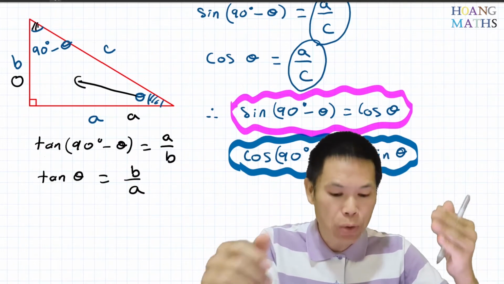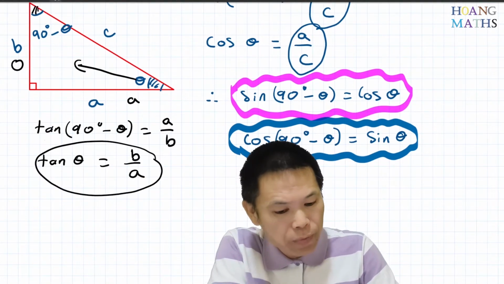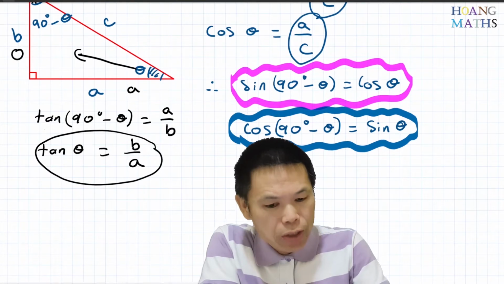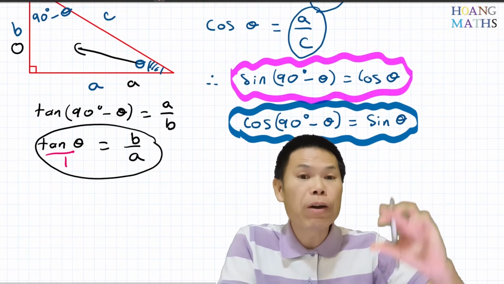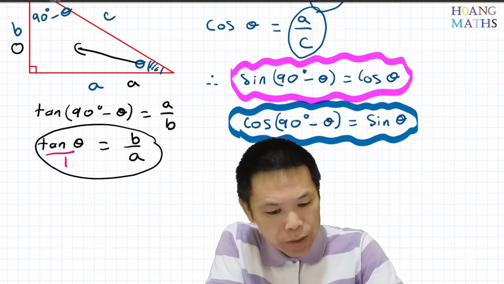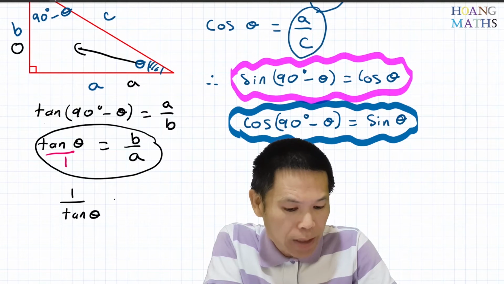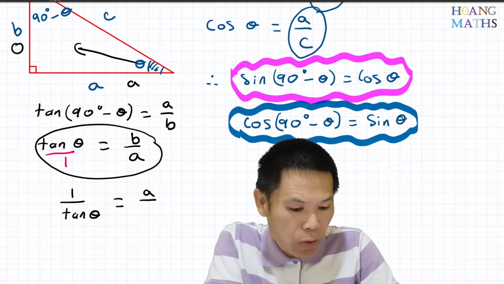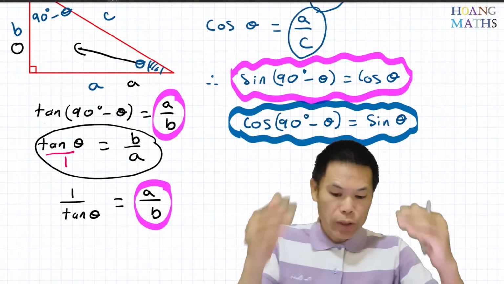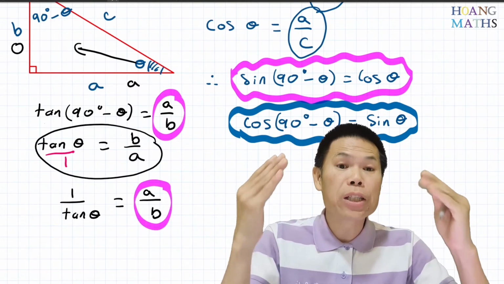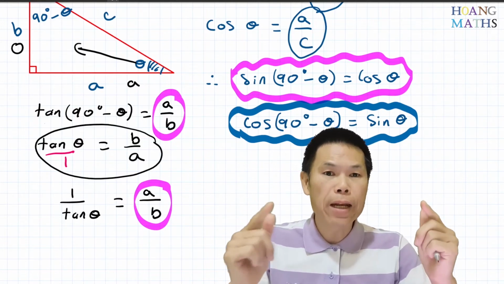So it's almost the same as tan of 90 minus theta, except it's the reciprocal if you think about it. So let me just flip this equation here. Tan is just like tan over 1. So if I flip both sides, that is 1 over tan of theta is equal to A over B. Now this is the same. So therefore, tan of 90 minus theta is equal to 1 over tan of theta.